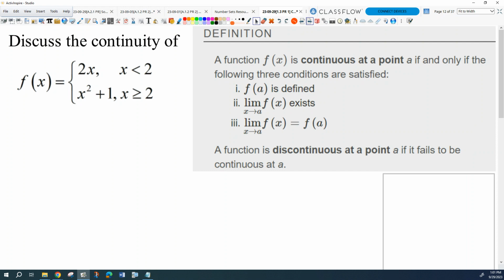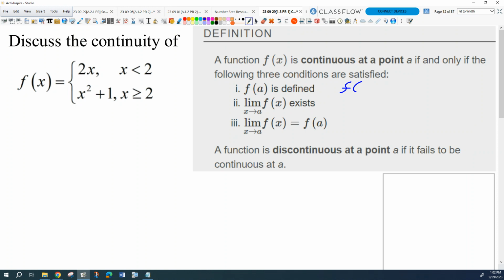In fact, what is the value of the function at a? What's the value of a in this case? Where could there potentially be a discontinuity in this piecewise function? At 2, right? The function 2x is fine. There's no issues with that. I'm going to be able to graph that line without ever picking my pen off the board.